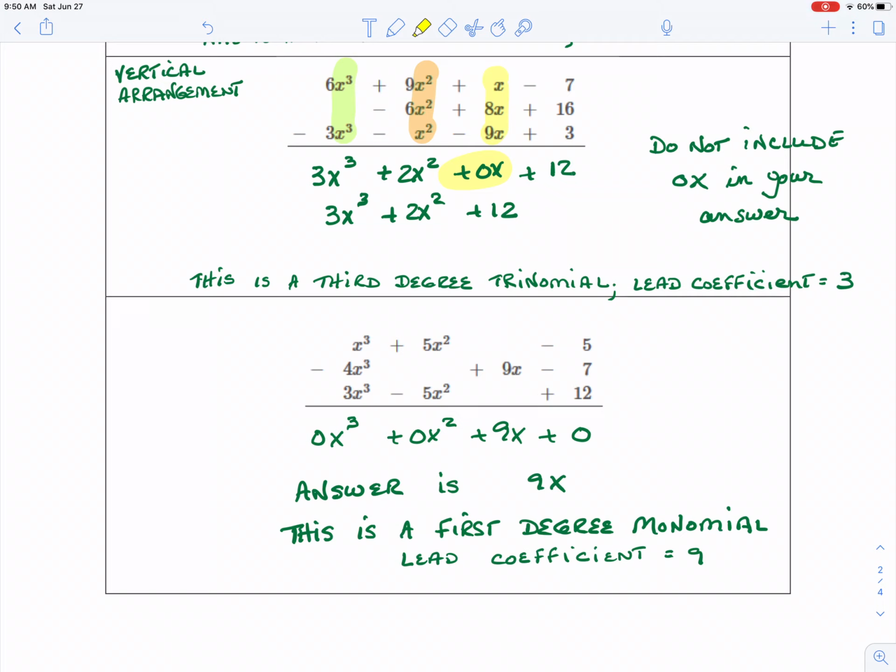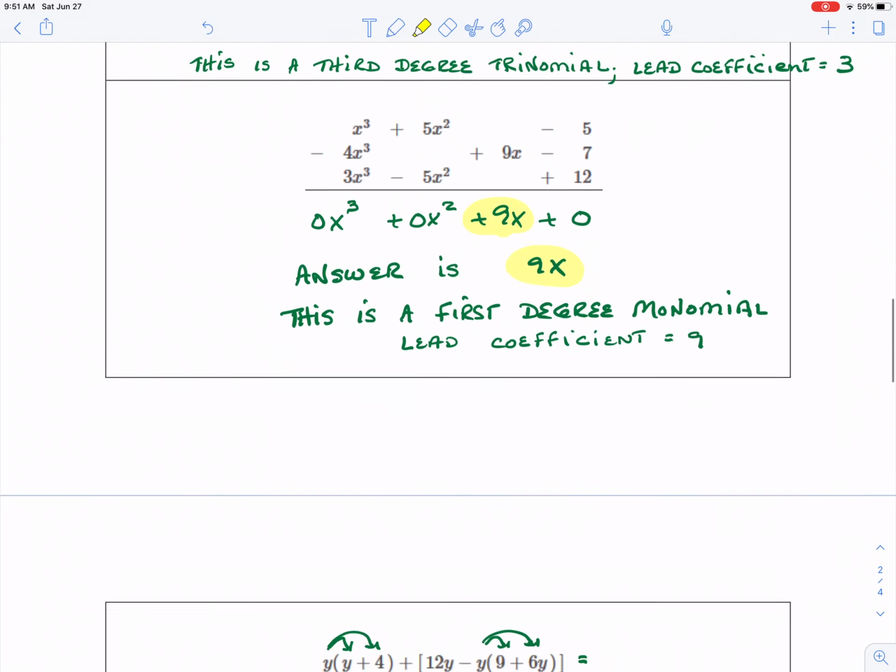And this next one, which is also set up in a vertical arrangement, I'm adding down the third degree column, adding down the second degree column, adding down the first degree column, and adding down the constant or the 0 degree column. And you can see that everything zeroes out here, so the only thing that we write down is this positive 9x. So we end up with a first degree monomial, meaning a single term, with a lead coefficient of 9. All right, so that's how they look vertically.